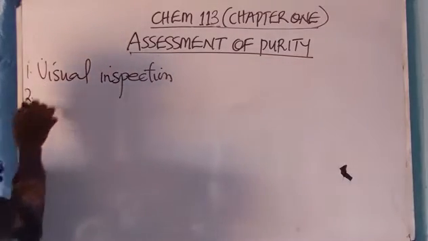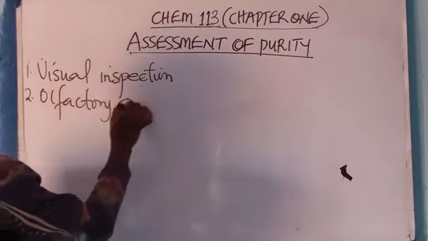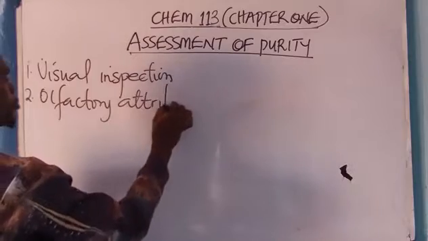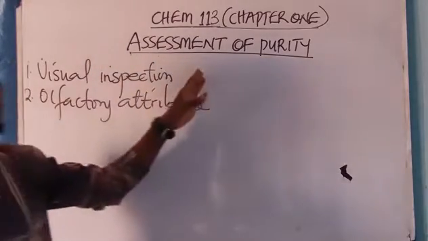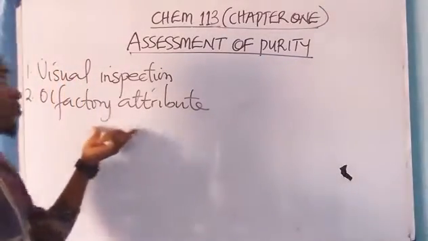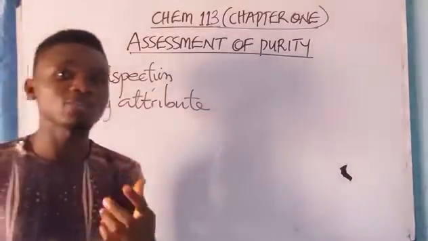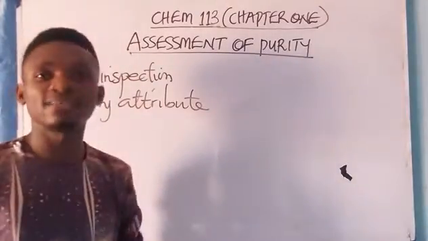And number two is the olfactory attributes. Of all the assessments of purity, the one that is not advisable for you to do is the olfactory attribute. There are some gases you will inhale, your brain will knock. It will knock forever and ever.